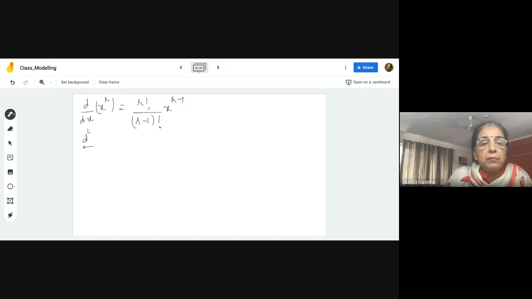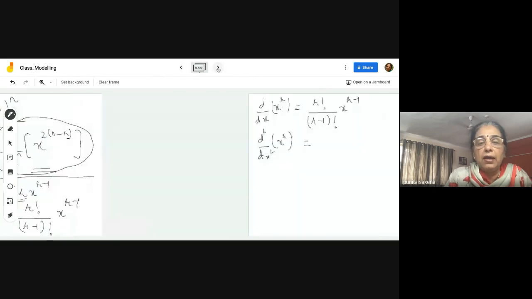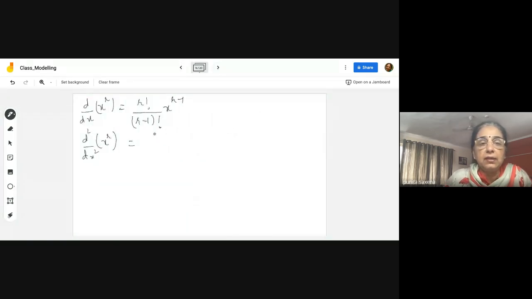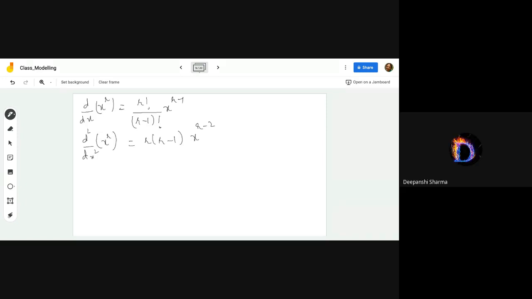Now let's see what happens to the second derivative of x to the power r. It should be r into r minus 1, into x to the power r minus 2, right?